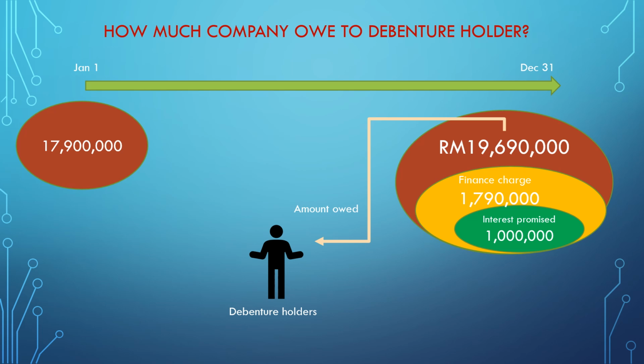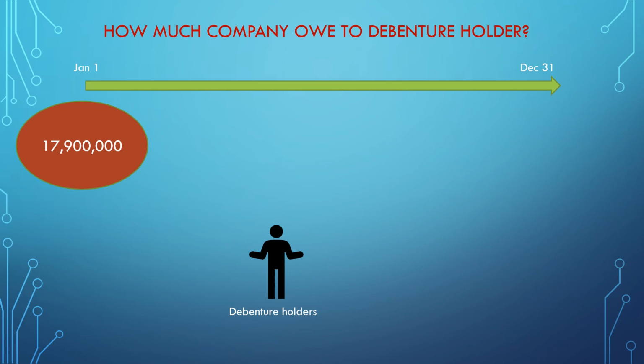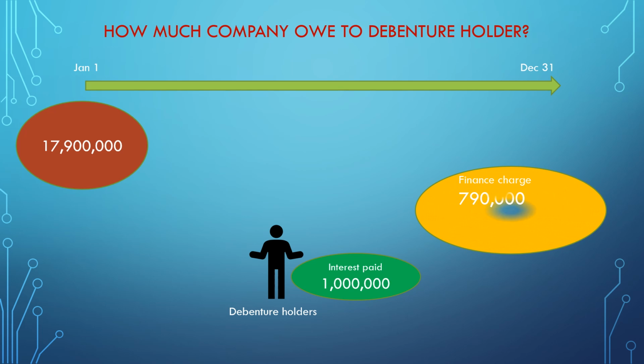So let's say the interest has been paid to the debenture holders. Now we want to calculate how much the company owes to the debenture holder. Remember, the finance charge is no longer 1,790,000 because we already paid the debenture holders.